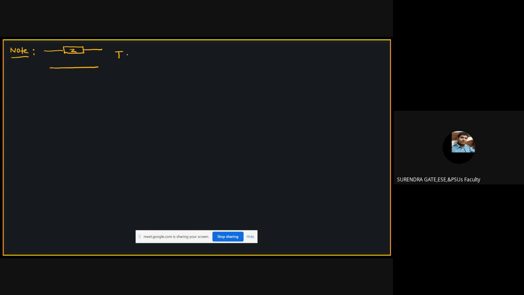What are the T parameters for this network? Come on, answer. In yesterday's class I explained what the T parameters are for that type of network. If only a series branch is present, what are the T parameters?